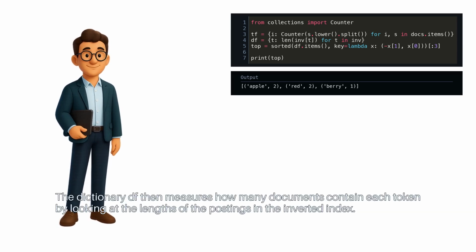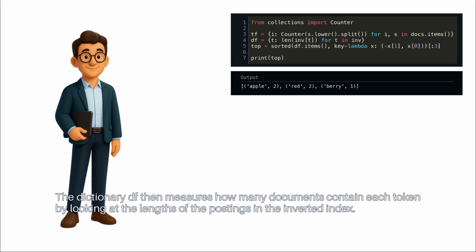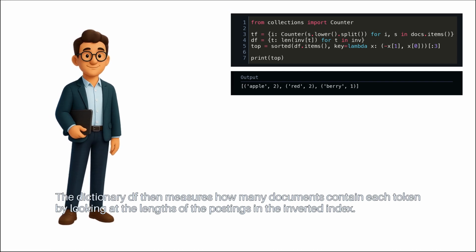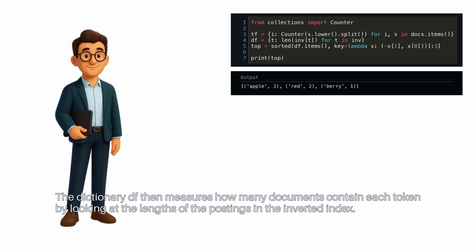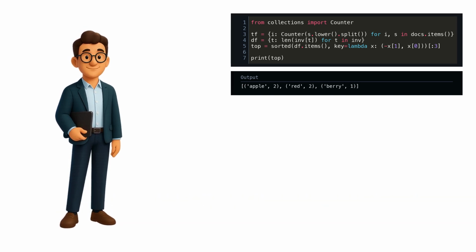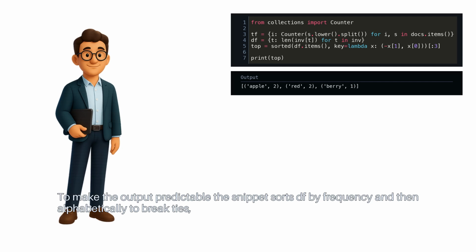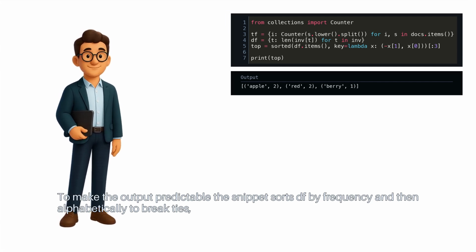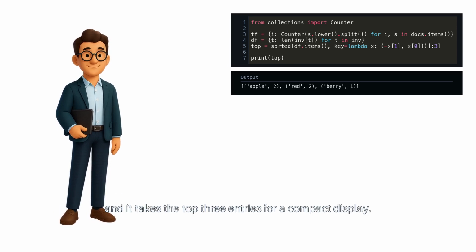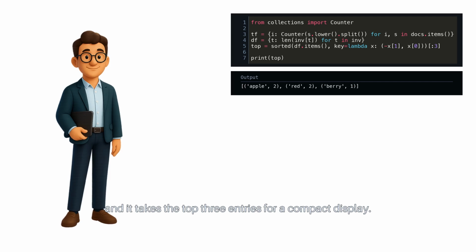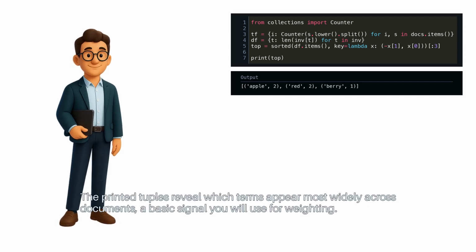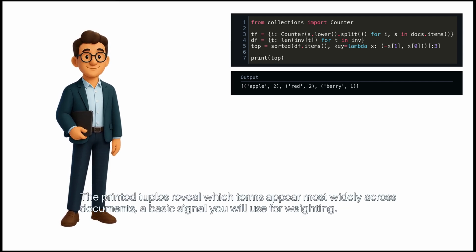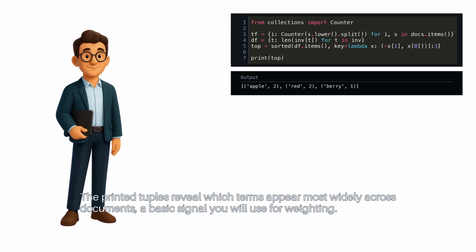The dictionary DF then measures how many documents contain each token by looking at the lengths of the postings in the inverted index. To make the output predictable, the snippet sorts DF by frequency and then alphabetically to break ties, and it takes the top 3 entries for a compact display. The printed tuples reveal which terms appear most widely across documents, a basic signal you will use for weighting.